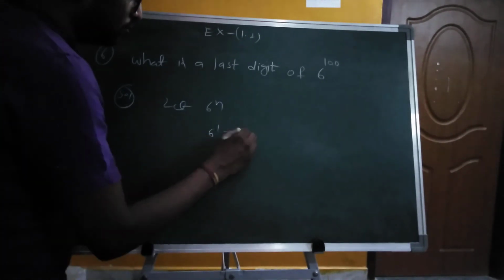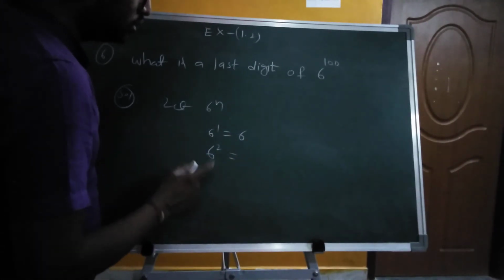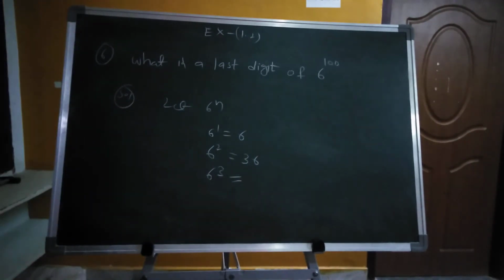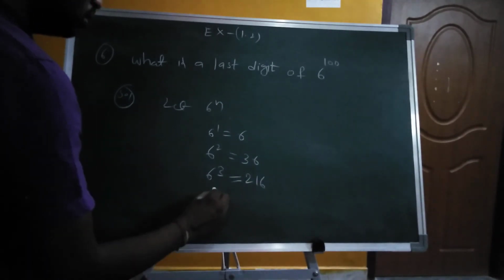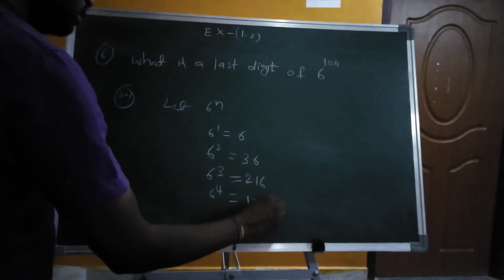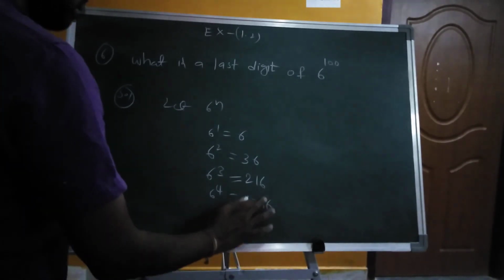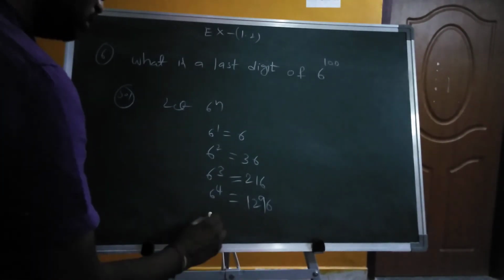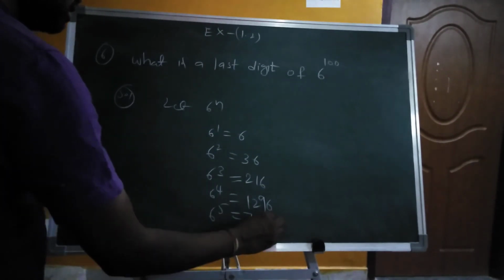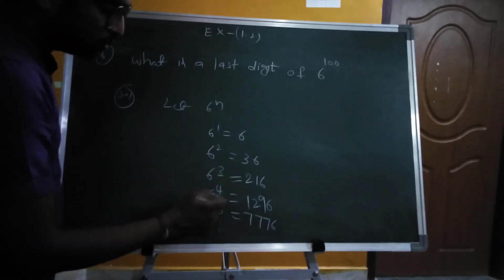If n is a natural number, 6 power 1 is 6. 6 power 2 is 36. 6 power 3 is 216. 6 power 4 is 1296. 6 power 5 is 7776.